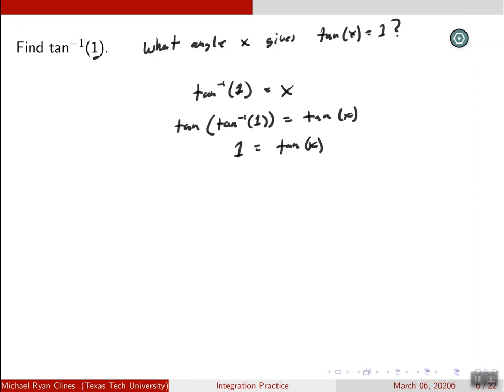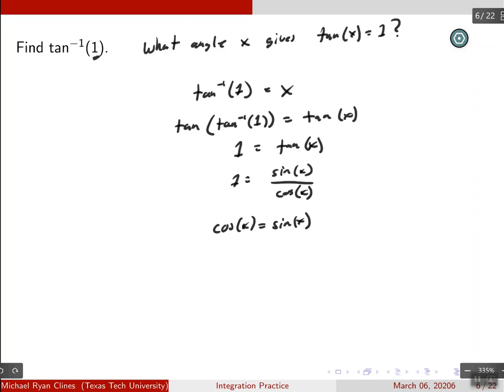But tangent is just sine of x divided by cosine of x. Since we have this fraction, I want to move cosine to the other side. Multiplying both sides by cosine, we get cosine of x is equal to sine of x.